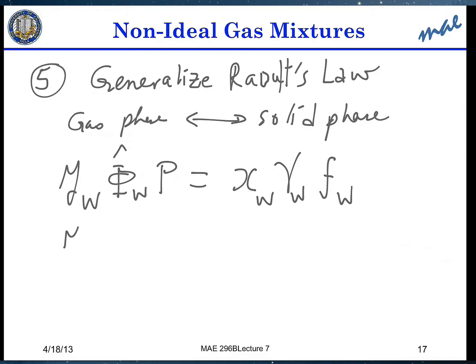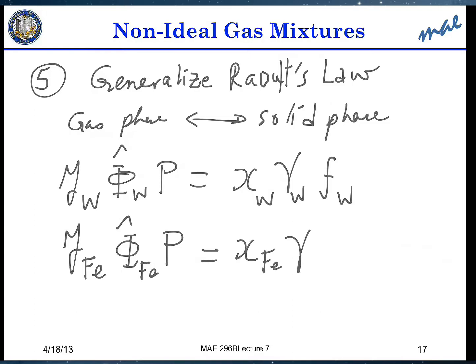And also we have, for y, the concentration of iron in the vapor phase times the fugacity coefficient phi of iron in the mixed state times P, equal to the concentration of iron times the activity coefficient of iron times the fugacity of iron in the solid state.